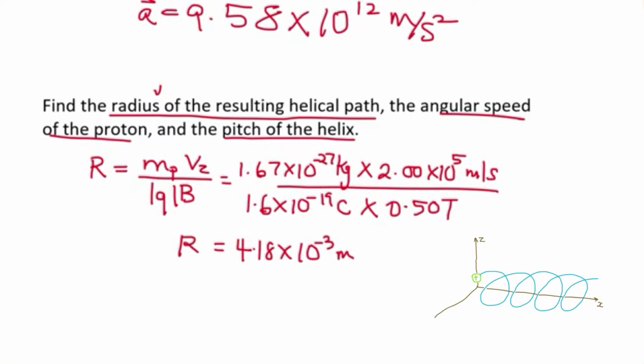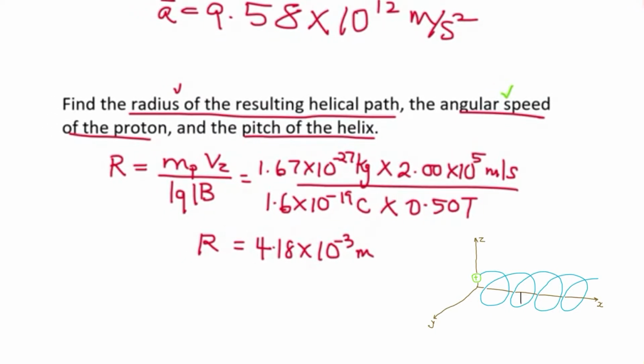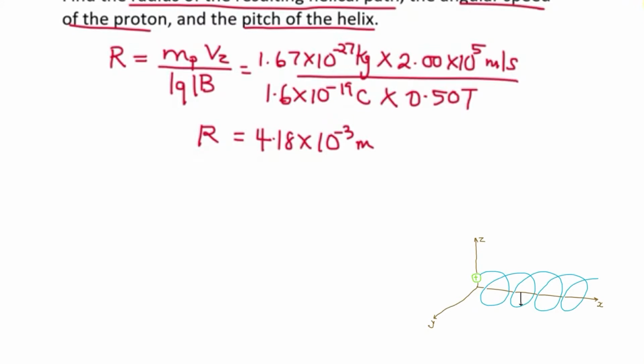That is the radius. Now, going into the next one, which is determining the angular speed, we know that the angular speed is highly linked to the angular frequency. Using the formula for angular speed, the angular frequency, the small letter omega, is equal to the velocity on the z-axis divided by the radius of the helical path.